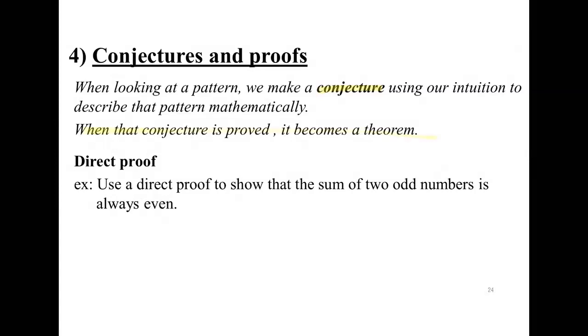Now, let's start with the first type of proof, which is direct proof. What is a direct proof? A direct proof is simply a proof that uses mathematical properties or theorems straightforwardly, without making any assumptions. Now, what is an assumption?